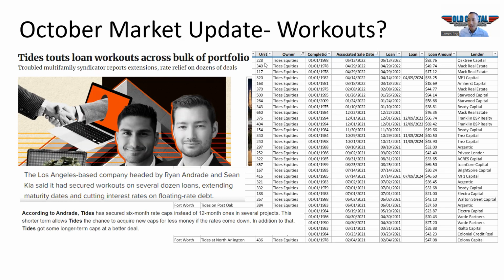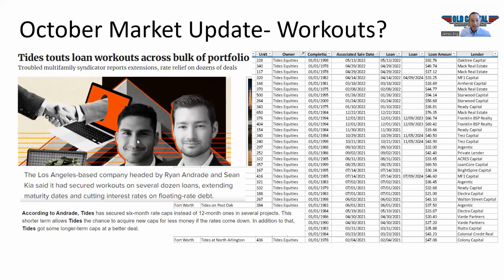I can't do the math fast enough, but let's say it's over 10,000 units in DFW. It seems like a lot of units. And these are the loan amounts, so these are not small deals. The number of lenders, there's probably at least 10 to 15 different bridge lenders on here. All their loans were floating rate loans. All of them were bridge loans. And this was all done sort of at the peak.